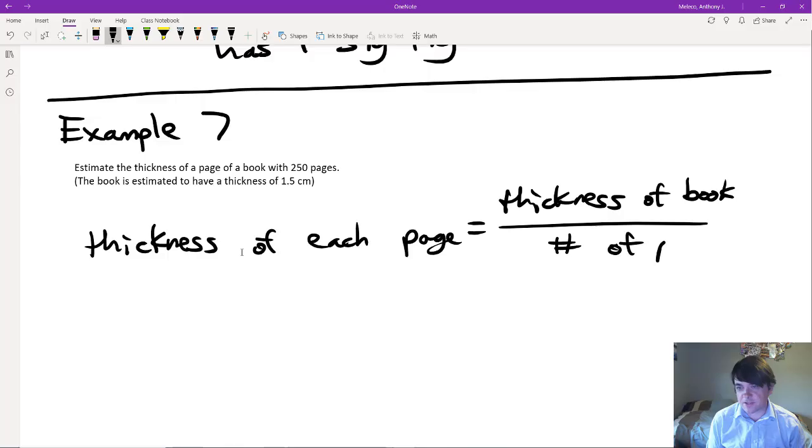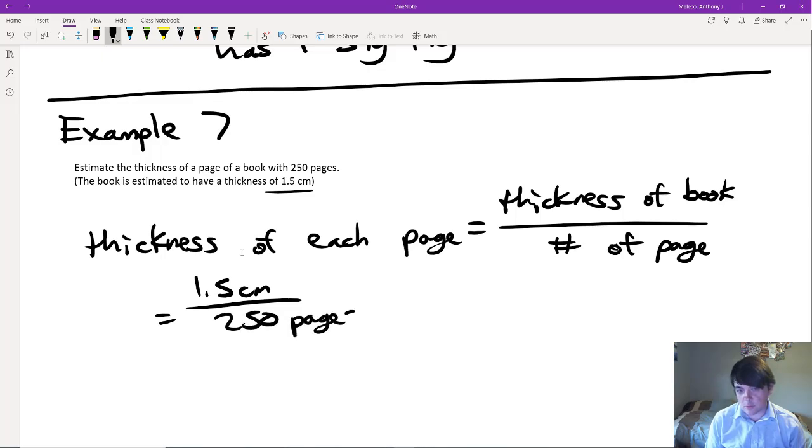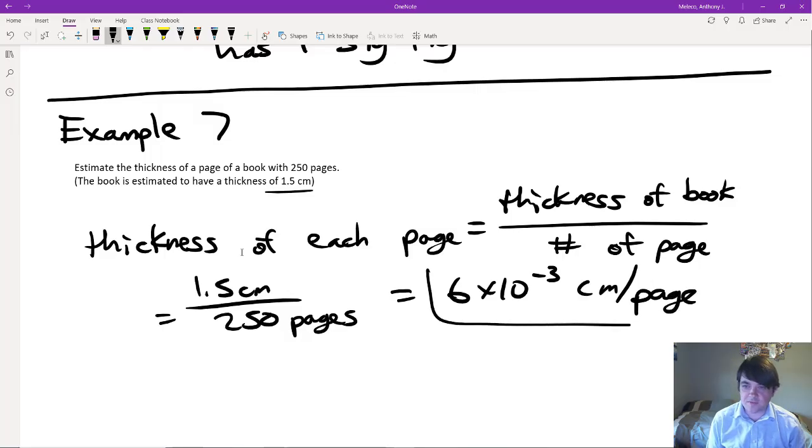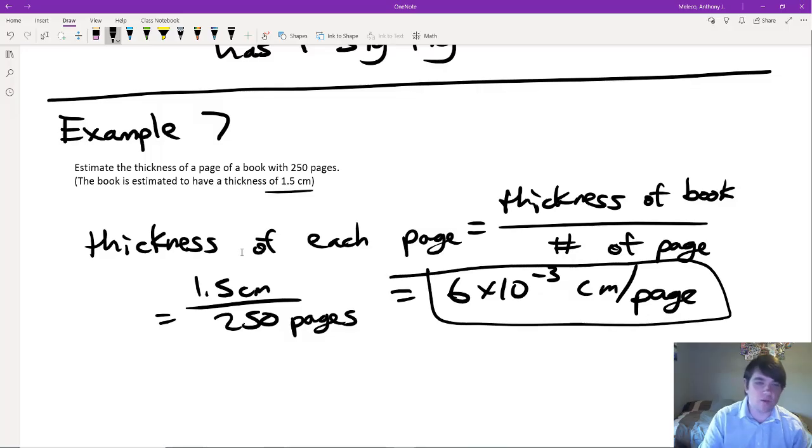So the number of pages have a thickness. That will result in the thickness of the book. The book is estimated to have a thickness of 1.5 centimeter. Okay, and there's 250 pages. So per page would be 6 times 10 to the minus 3 centimeter per page. Okay, that's the thickness of a single page, right?